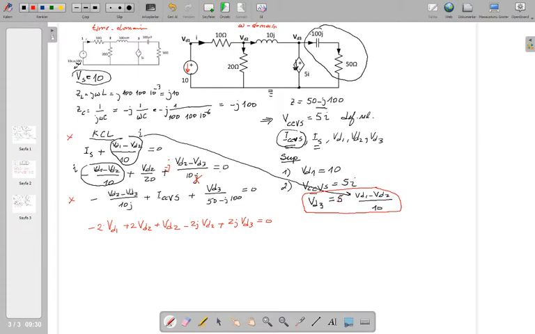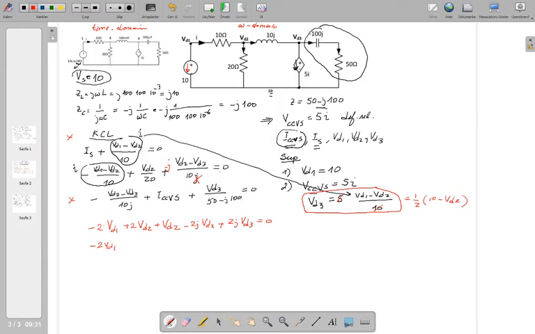So this 5 and 10 is going, that means 1 over 2 VD1. VD1 already I know that it is 10, isn't it? 10 minus VD2. So that's minus 2 VD1. Let me write it once again. Minus 2 VD1.